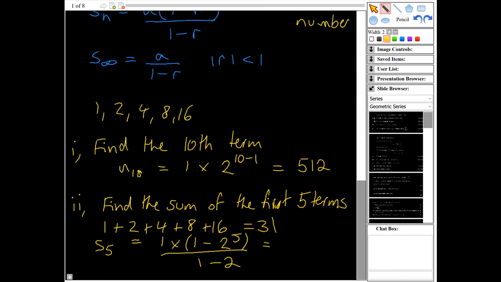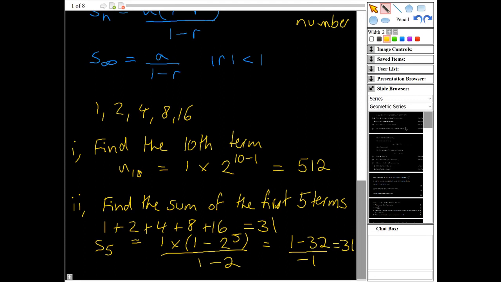So 2 to the power of 5: 2, 4, 8, 16, 32. So that's going to give me 1 minus 32 over negative 1, so negative 31 divided by negative 1, which is indeed going to give me 31. So we can see that that's worked out just fine.